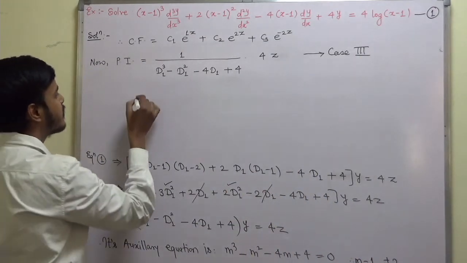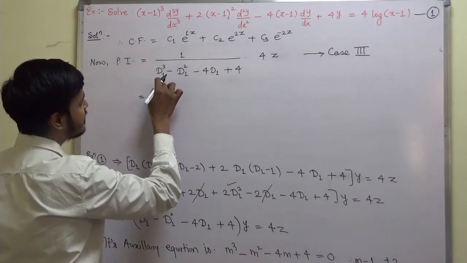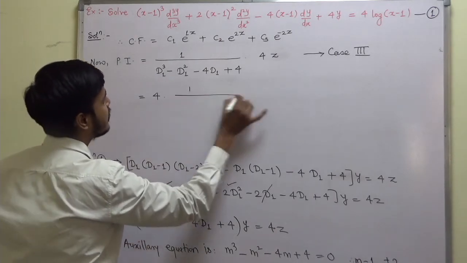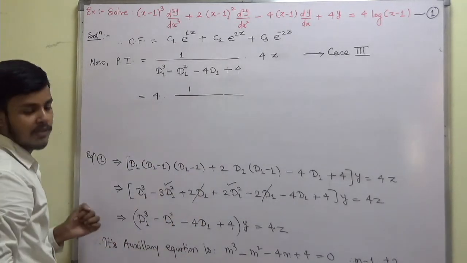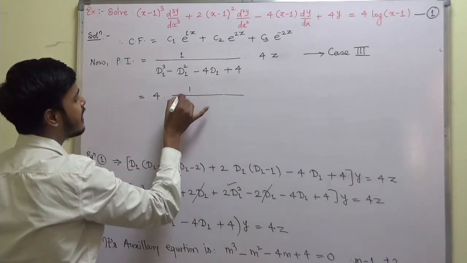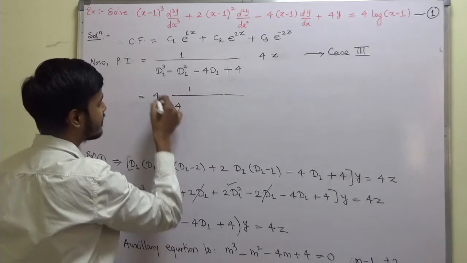What you can do is take 4 common, which gets cancelled with this 4.